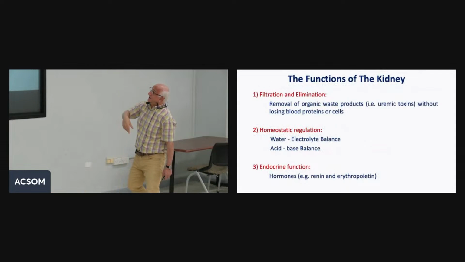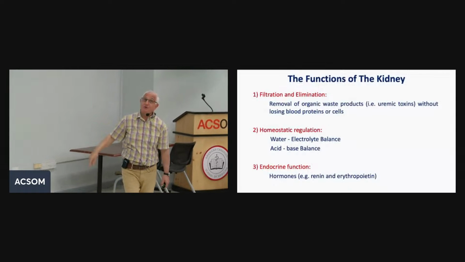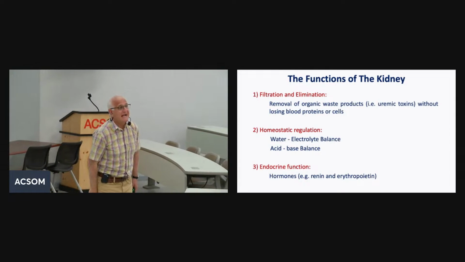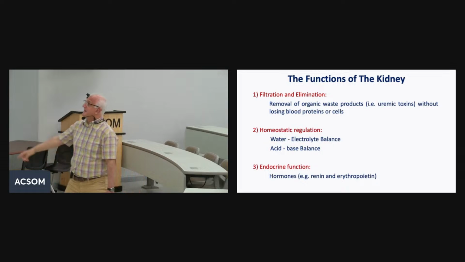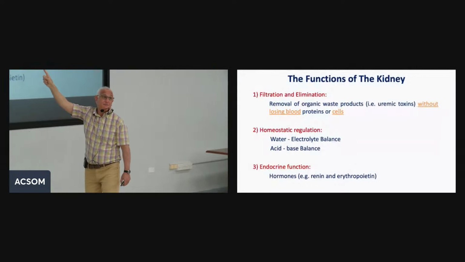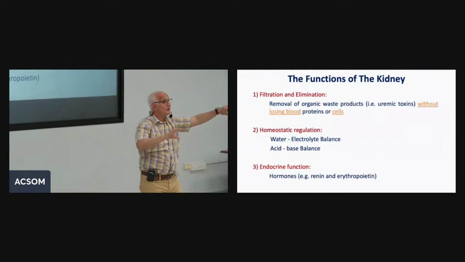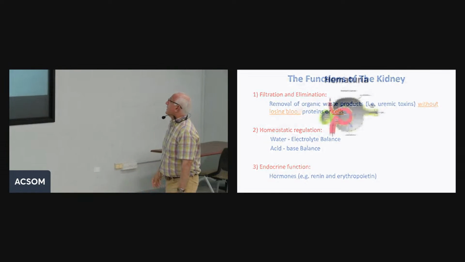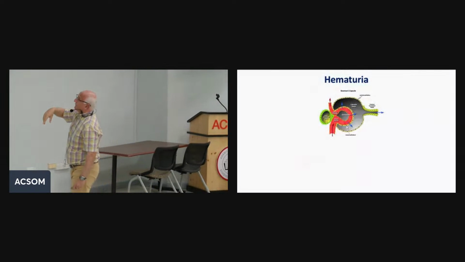Let's go back to filtration and elimination. It was not just the blood proteins. Something else should not be lost in the urine. What's that? Blood cells. Filtration should be good, but proteins and cells should not be going either. Again, the same concept of glomerulus.